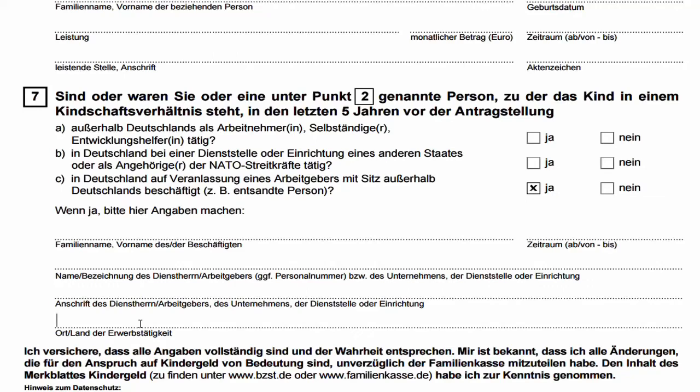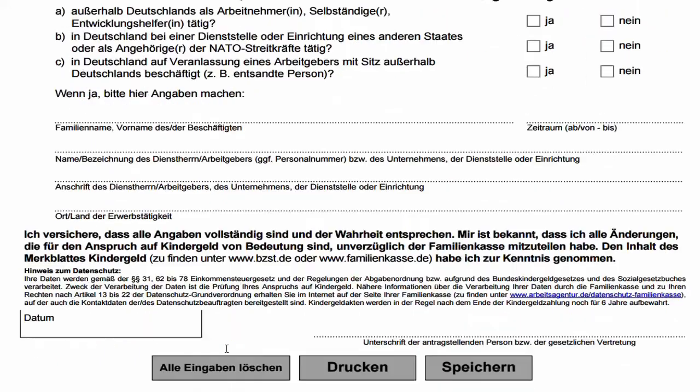And in this part, you confirm that all the information you have provided in this form is true and right. And you know that if there are any changes in your living situation or the living situation of your child which can influence the child benefit, you will inform the Familienkasse about it as soon as possible.